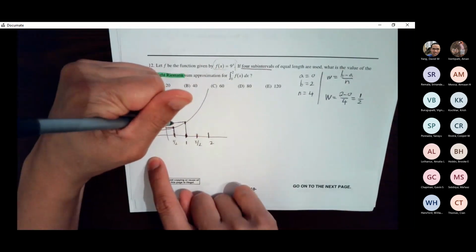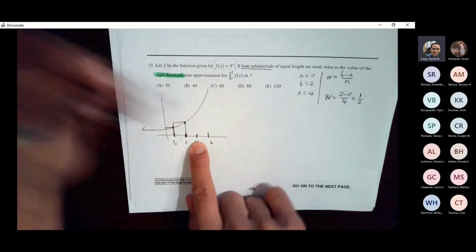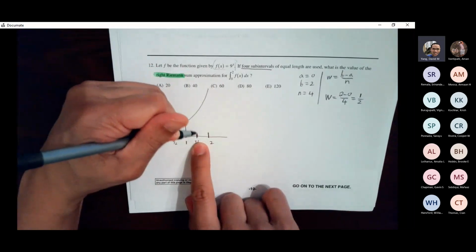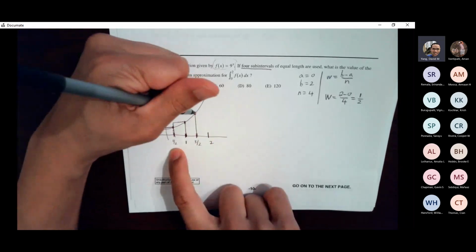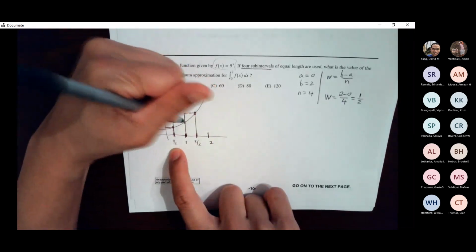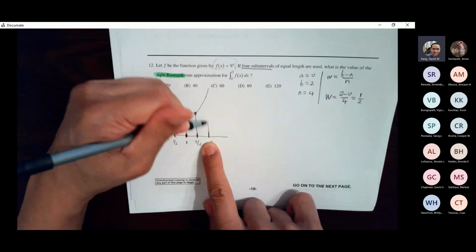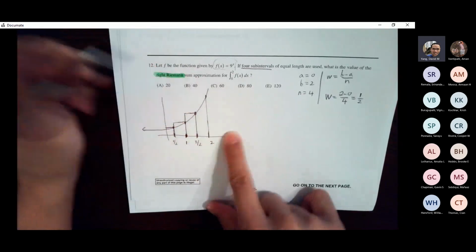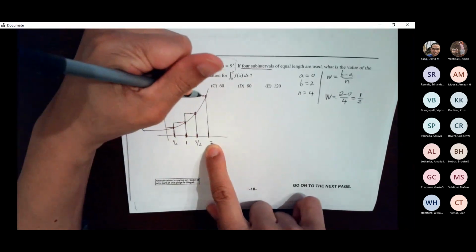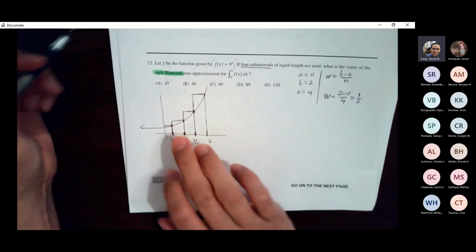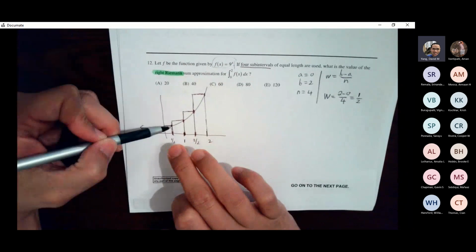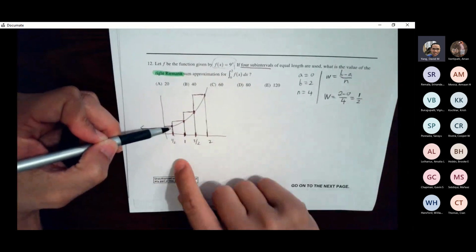Okay. The third rectangle is going to be dictated by 3/2. This will be the height of my third rectangle. My fourth rectangle is going to be dictated by this point at 2. For each subinterval, I'm going to identify the width, which we know is 1/2, and the height.